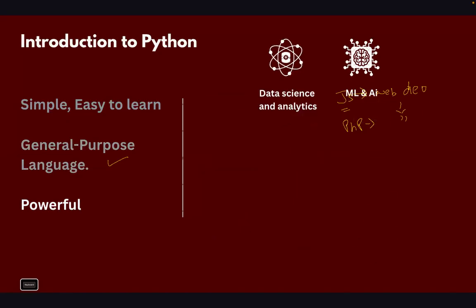Okay, and why do we say Python is data-centric and powerful? Because Python shines especially in the areas that deal with data, like data science, machine learning, and artificial intelligence, right? These are the areas where you need huge data to train your models and to work on artificial intelligence.